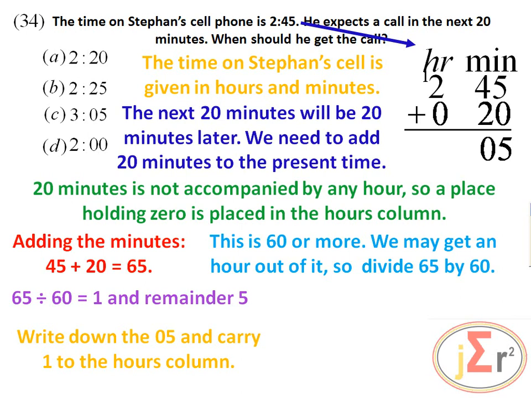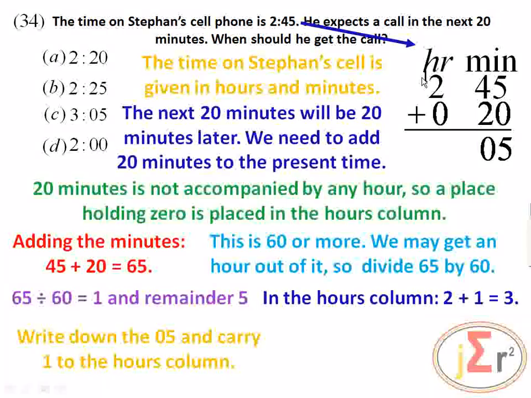So 1 hour, we can get 1 hour out of this. And when we take an hour out of this, which is 60 minutes, 5 additional minutes will remain. And we keep them right in the minutes column. But the 1 hour that we would have received, we put that in the hours column. In the hours column, we had 2 hours before.